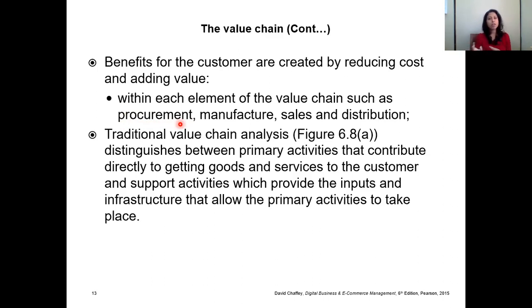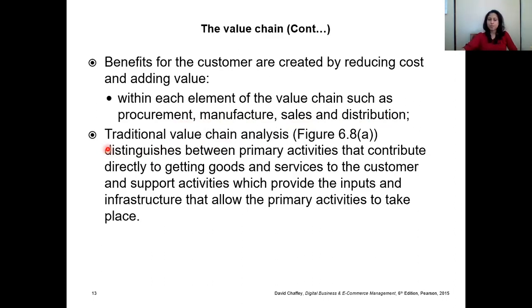Do we have quality standards established? And what can we do to reduce the delivery times or the delays in delivery? Likewise, different measures can be taken, so that it minimizes the wastage, reduces the cost, and also adds more value. This can be done for all the other elements of the value chain as well.